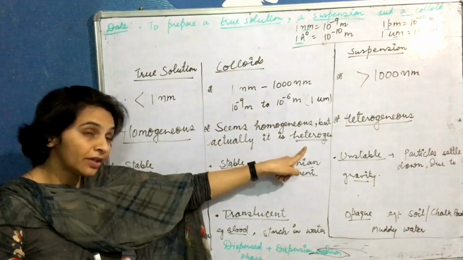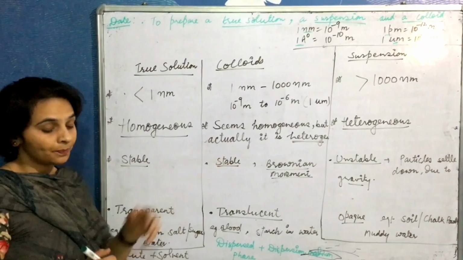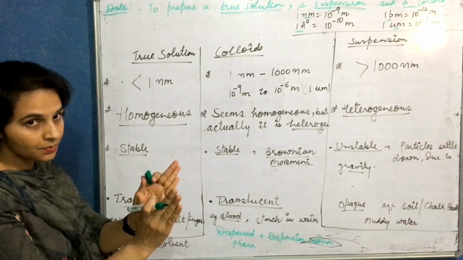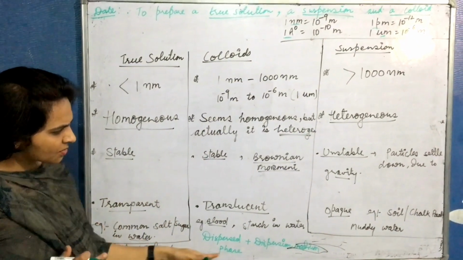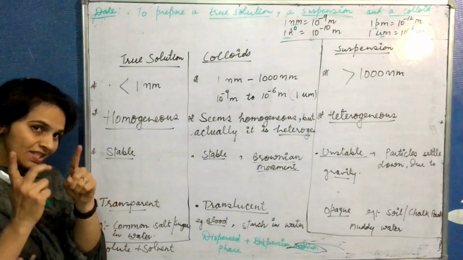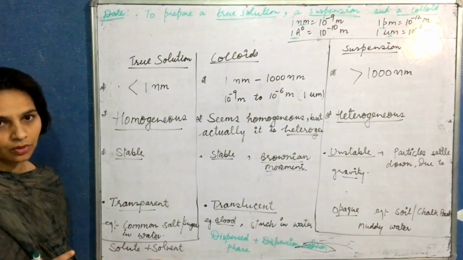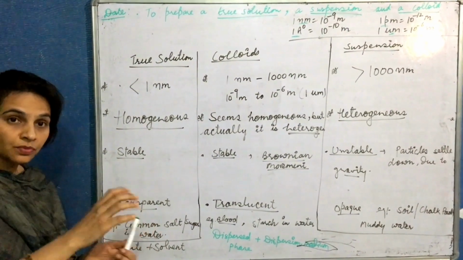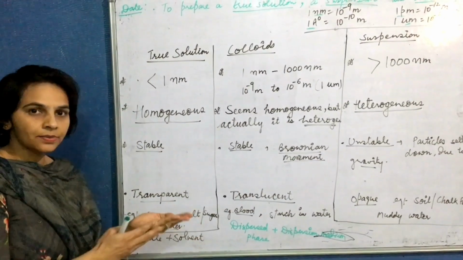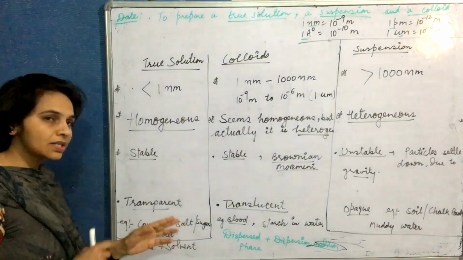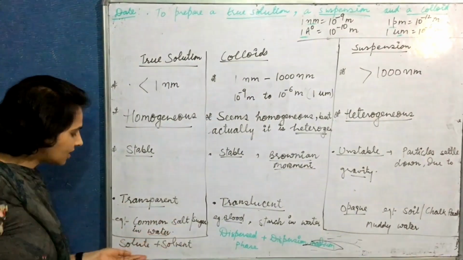So though it is heterogeneous but still this is stable. Stable means there is no separation of the dispersed phase and dispersion medium. See why I am talking about dispersed phase and dispersion medium? Because in case of solution you see solute and solvent. Solute is the substance which is dissolved and solvent is the substance in which solute is dissolved. If I talk about salt dissolved in water, then salt is what?